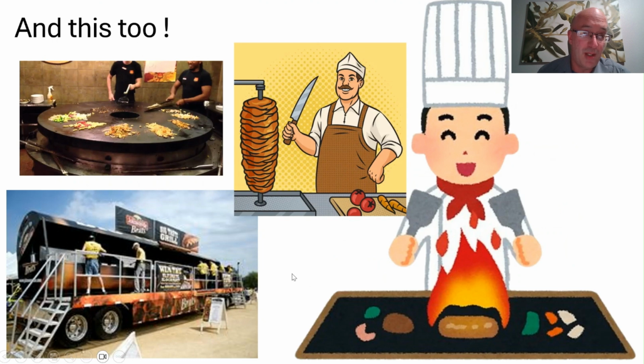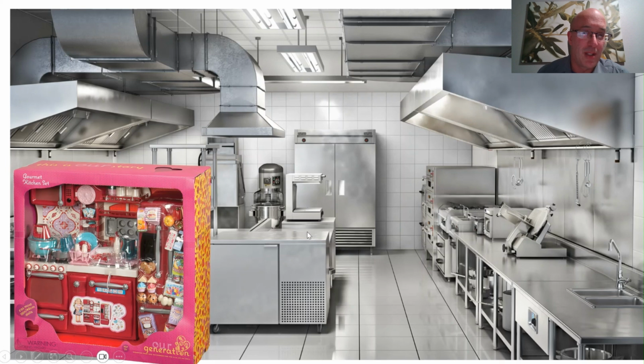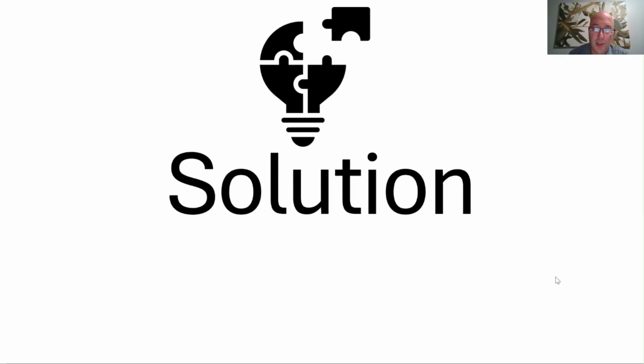But satisfying all of these needs is not trivial. What if instead we had a kit, an out-of-box, compactable kitchen that once opened, gives us a commercial-grade kitchen? Is this available? Here is the solution.